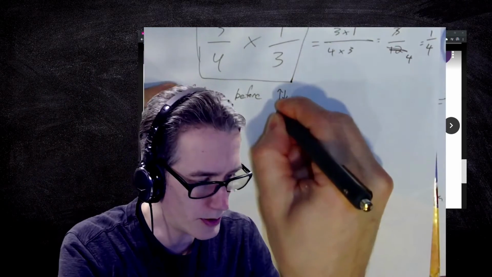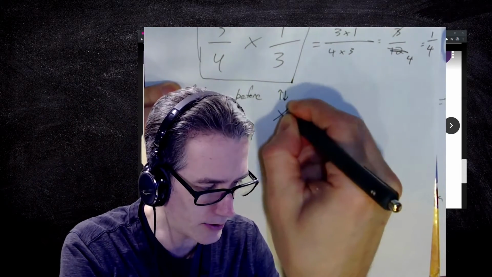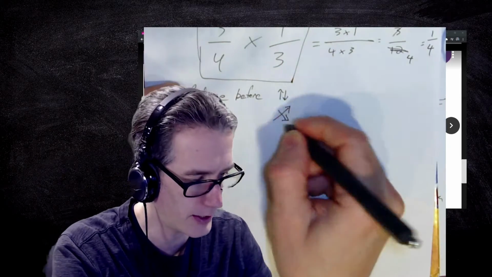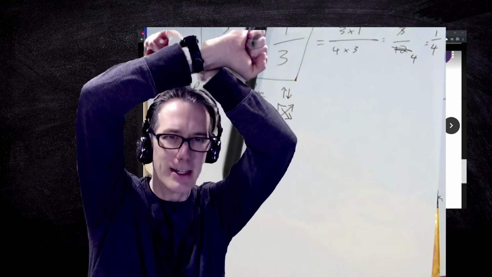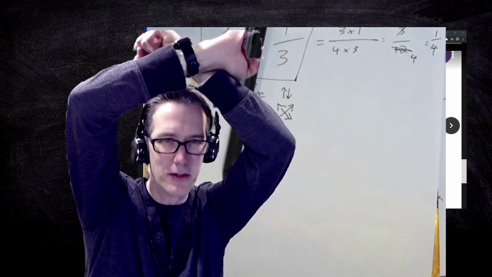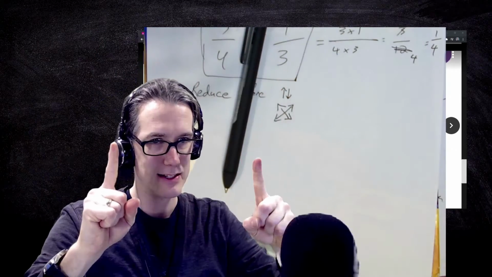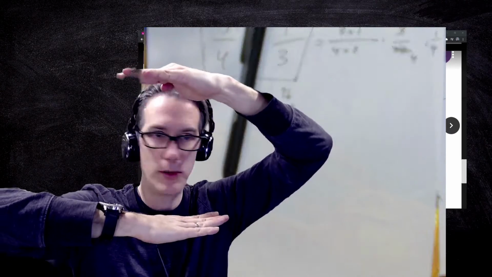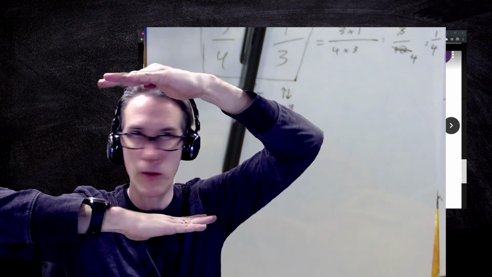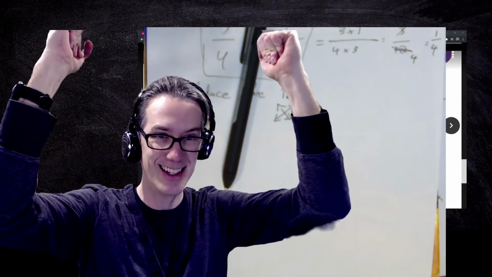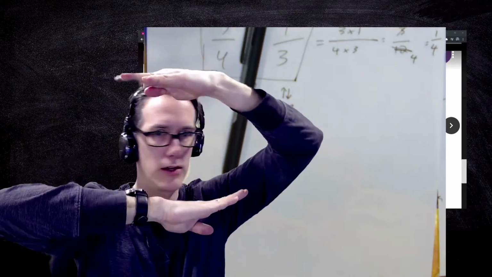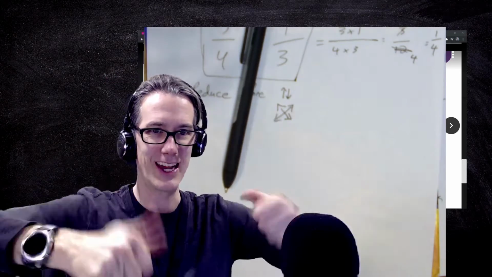Now I can also reduce on the diagonal. That's totally fine. So reducing on the diagonal, yeah. I know it seems a bit weird, but yes, you can do this, okay? But you cannot reduce on the horizontal. No, no, no. So yes, yes, no. Do it with me now.